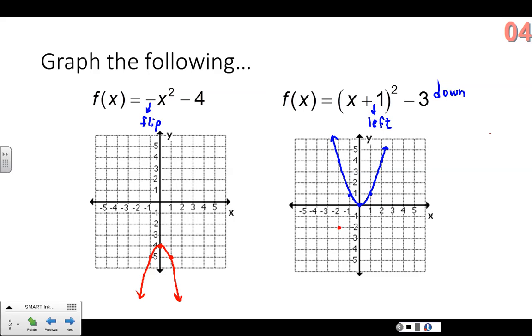The vertex to the left 1, down 3. So this is actually what my graph is going to look like. So we can take the blue out. We don't need it. There's the function we're looking for right there.